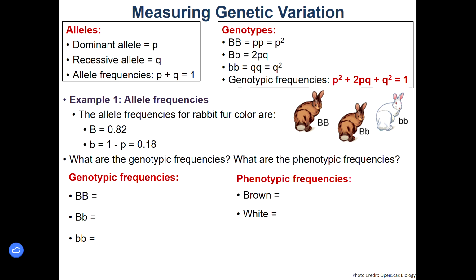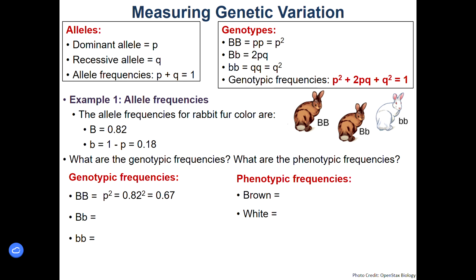So we know P. If we have big B, big B, all we need to do is square P. Bless you. So big B, big B is equal to P squared. So we want to square our allelic frequency. So 0.82 squared is equal to 0.67. So 67% of the individuals in our population are homozygous dominant for brown fur color.